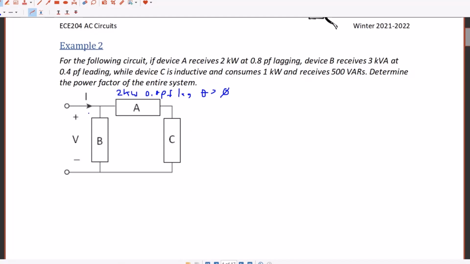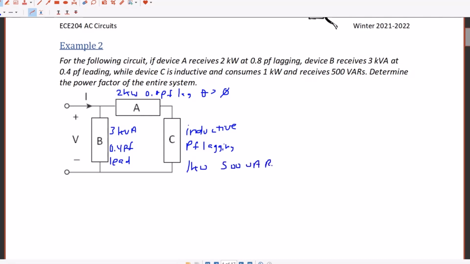And device B receives 3 kVA at 0.4 power factor leading. And device C is inductive. That means power factor lagging. And consumes 1 kilowatt and 500 var.